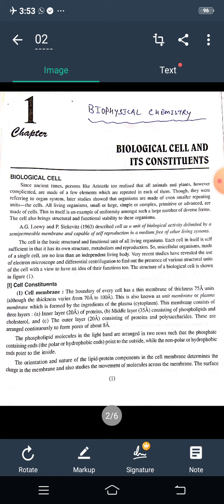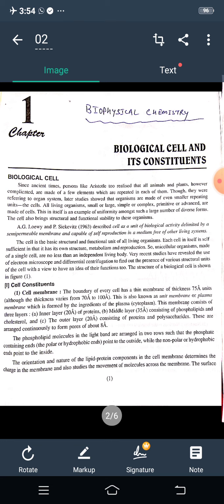All living organisms, small or large, simple or complex, primitive or advanced, are made up of cells. Thus, this in itself is an example of uniformity among such a large number of diverse forms. The cell also brings structural and functional stability to these organisms.